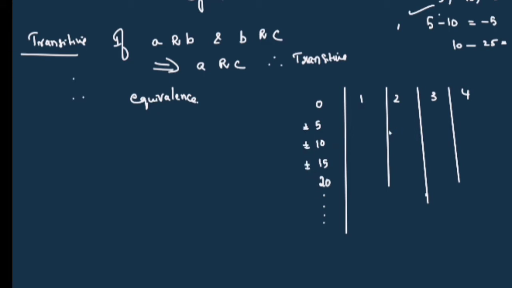What about numbers that leave a remainder 1? 1, 6, 11, 16, 21, etc. Again plus or minus, because it is the set of integers. Now what about 11 minus 6? It is divisible by 5. 16 minus 11, divisible by 5. 21 minus 16, divisible by 5.